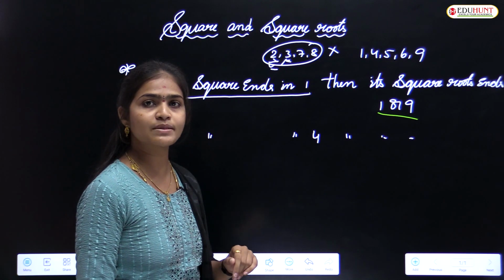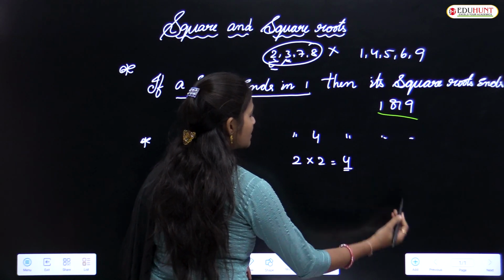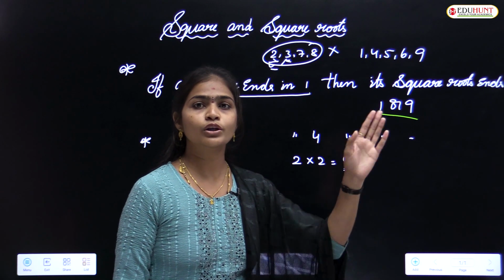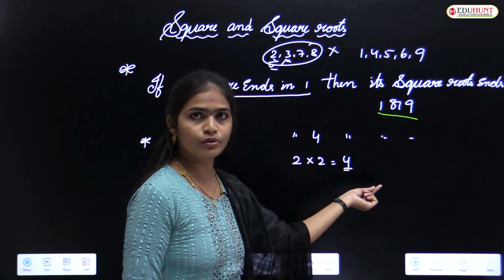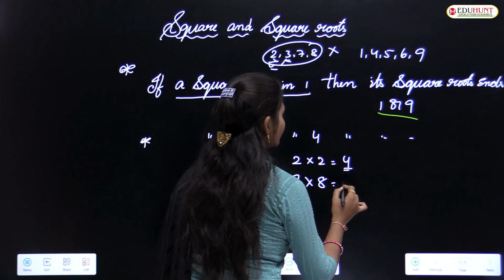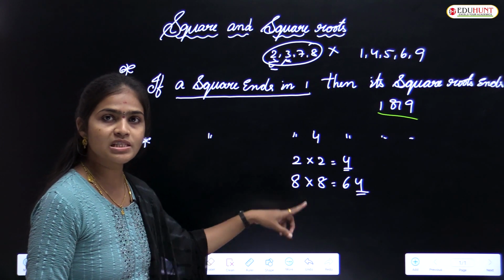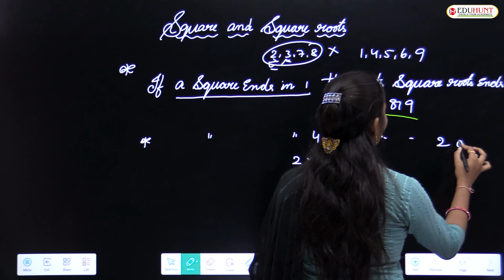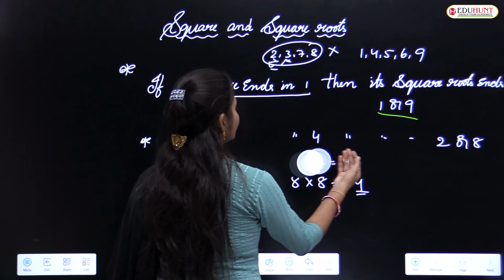Here also two possibilities we can check. 2 into 2 is equal to 4. 12 into 12 is equal to 144. 22 into 22 is also going to end with a 4. Another one is 8 eights are 64. Here also in the units place we can observe 4. So the square root ends in either 2 or 8. Okay, next one.